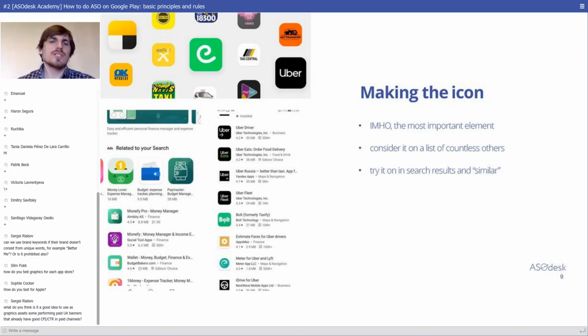I'm saying that this icon, in my humble opinion, is not eye-catching in these search results, or this icon seems to me poor, or this icon doesn't look like the icons from this category.